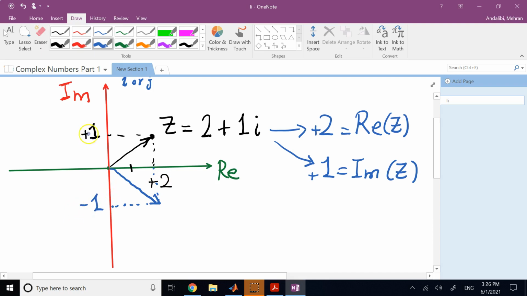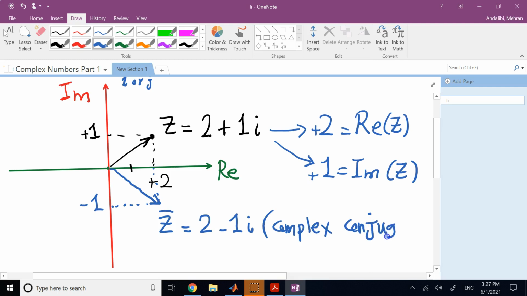The imaginary component is negative 1. And this guy, I call it z bar, which is 2 minus 1 times i. And again, I call this the complex conjugate of z. Okay, so if you just negate the imaginary part of a complex number, you will get its complex conjugate.